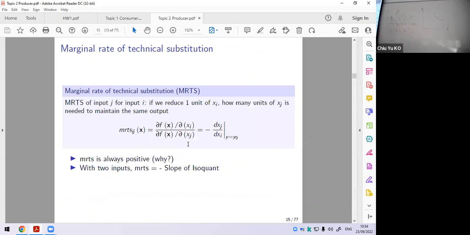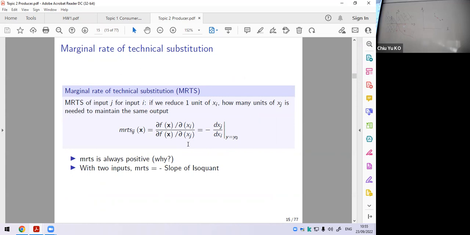This is important. This is the same as what we learned in consumer theory. This is the marginal rate of technical substitution, just technical substitution.